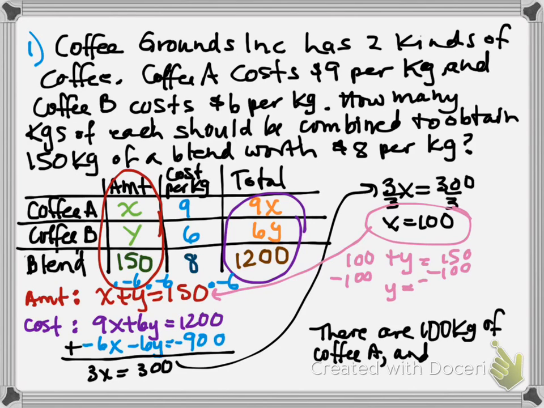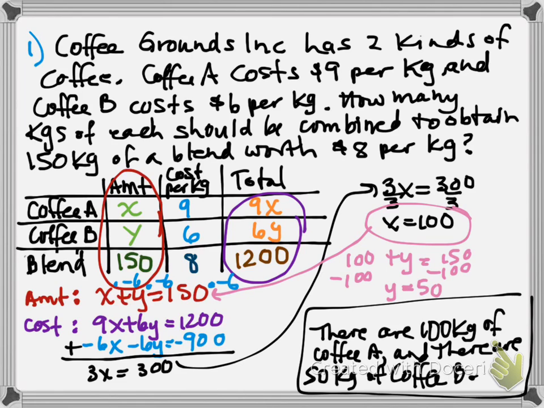And we get y equals 50. So then we would continue our answer, and there are 50 kilograms of coffee B. And if you think about it, this makes sense that there would be more of coffee A, because it was $9, the blend was $8, and so that means you had more of the more expensive coffee in there.